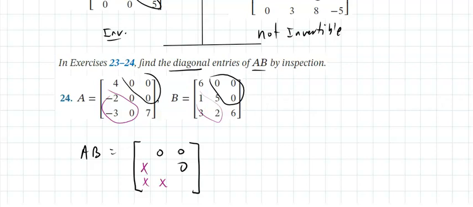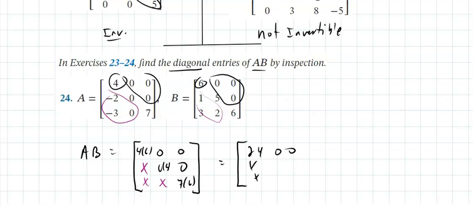What they care about is the diagonals. The diagonals, you're going to get pretty much 4 times 6, 0 times 5, and 7 times 6. So pretty much what you're getting is 24, 0, and 42.